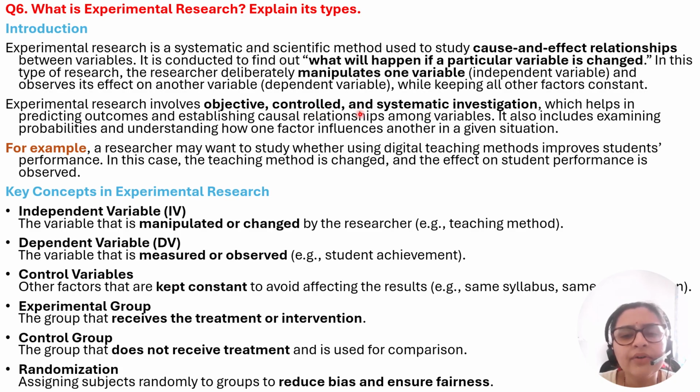Controlled and systematic investigation are self-explanatory. I want to take a minute and explain what objectivity in research is. Objectivity is the ability of the researcher to conduct a particular study in an unbiased, neutral and impartial manner. That means he is not influenced by any kind of personal feelings, opinions, or beliefs.